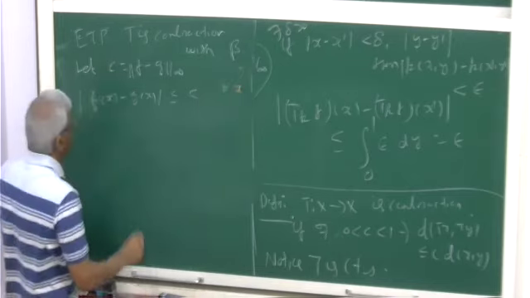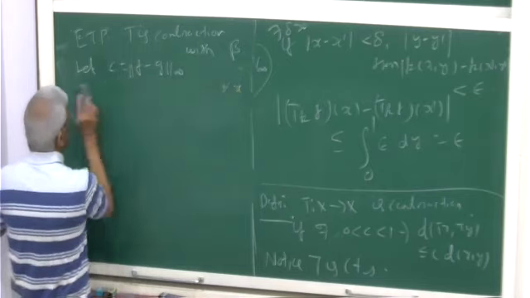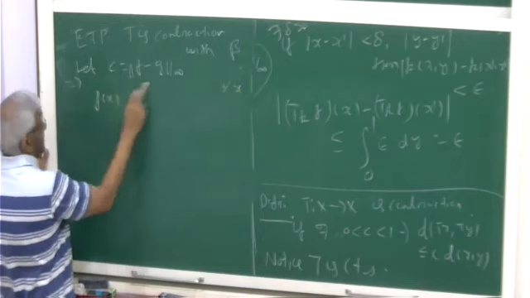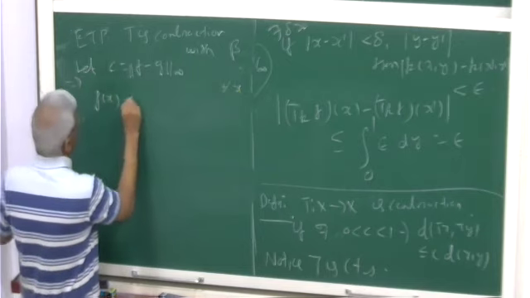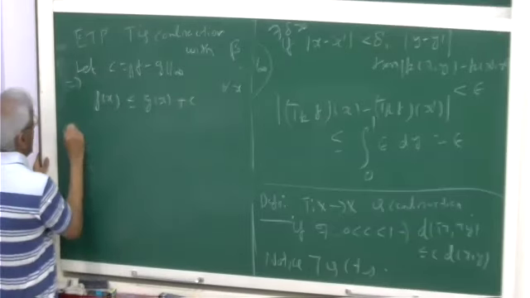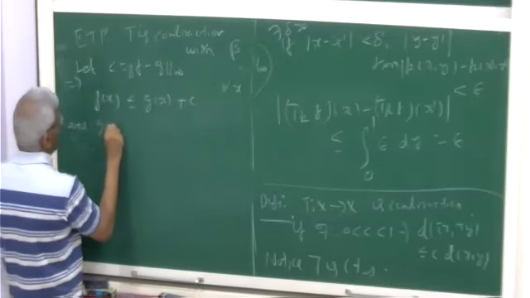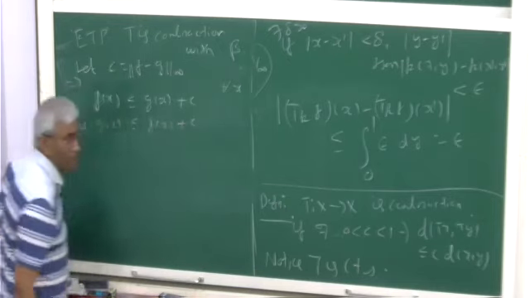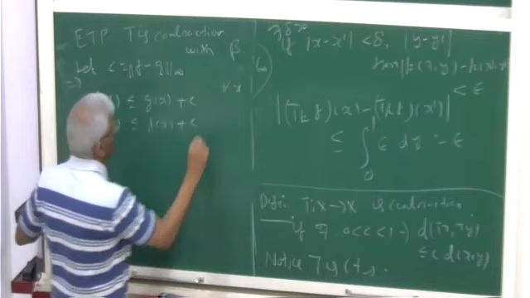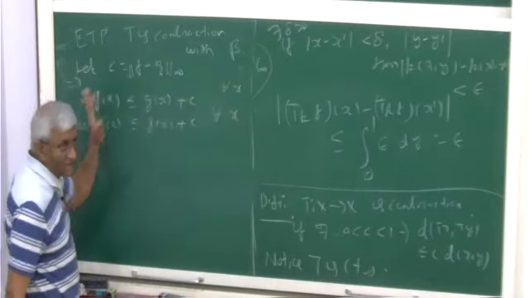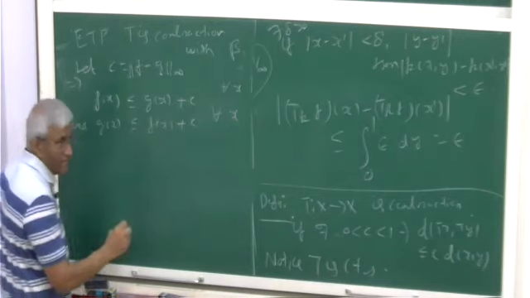That's what it means. This is equivalent to saying f of x is less than or equal to g of x plus c, and g of x is less than or equal to f of x plus c, for all x.